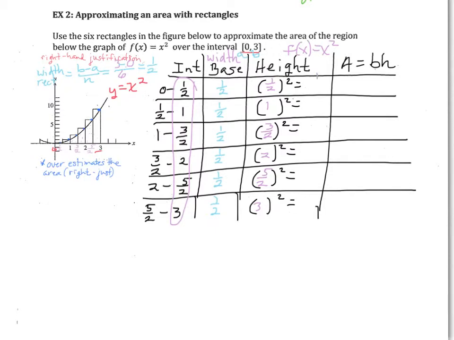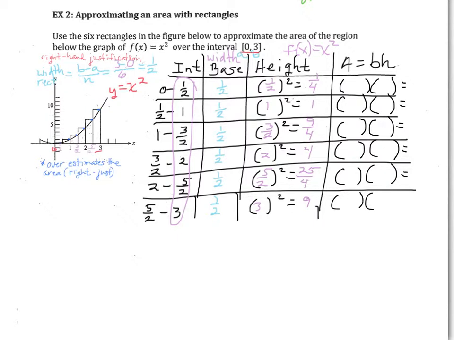So here I get 1/4. Here I get 1, 9/4, 4, 25/4, and 9. And then to find my area, we're going to multiply the base and the width together. So all of my bases are 1/2.